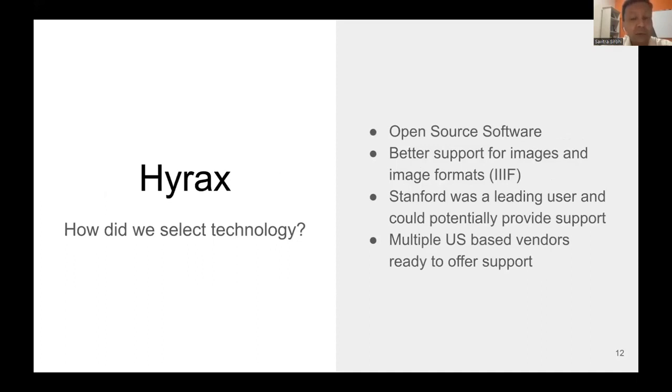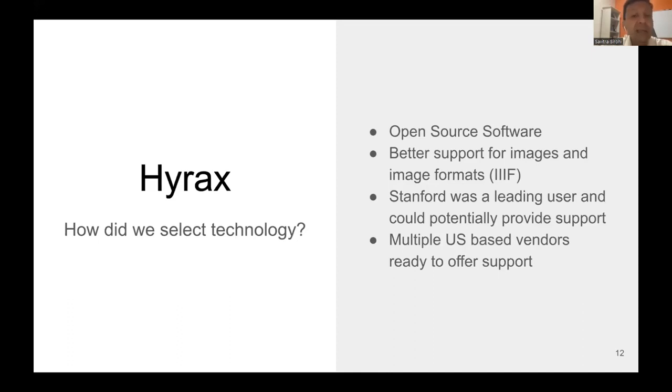Because we knew we were building special collections which had a lot of images, we had to prefer software which was strong on the images side. And DSpace is good. We did think about using DSpace, but we decided that Hyrax and Haiku had better support for images.